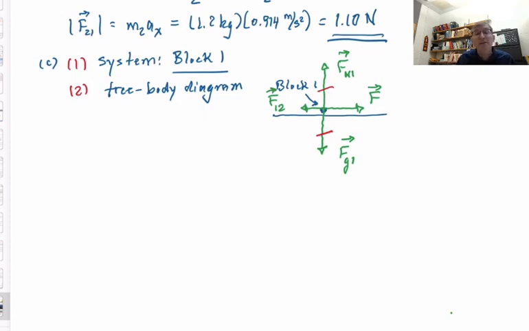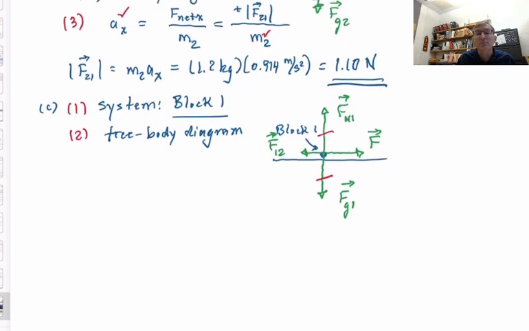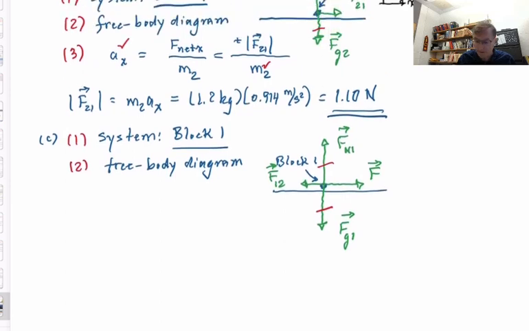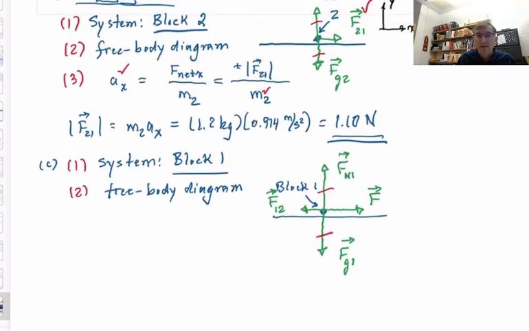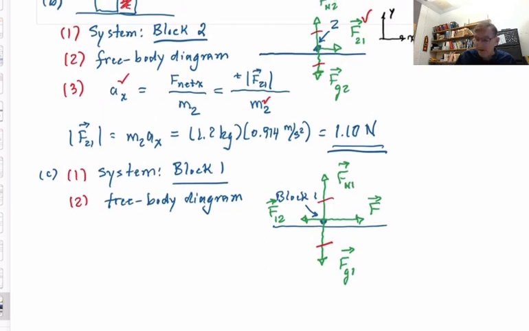And I know that force has to be there because, now let's go back and look at the free body diagram for 2. Let's compare these two free body diagrams. All right, the top drawing is a free body diagram for 2. The lower one is a free body diagram for 1. If there's a force on 2 due to 1, right there to the right, then there must be a force on 1 due to 2 of equal magnitude, but to the left.